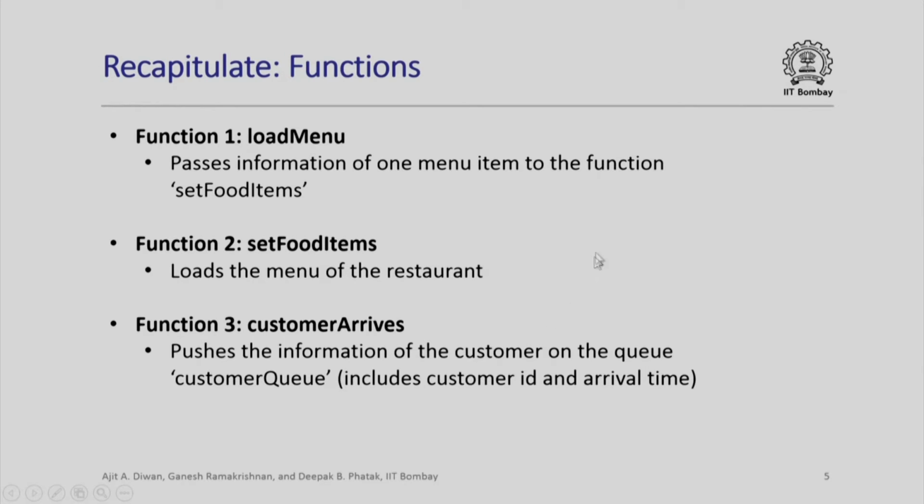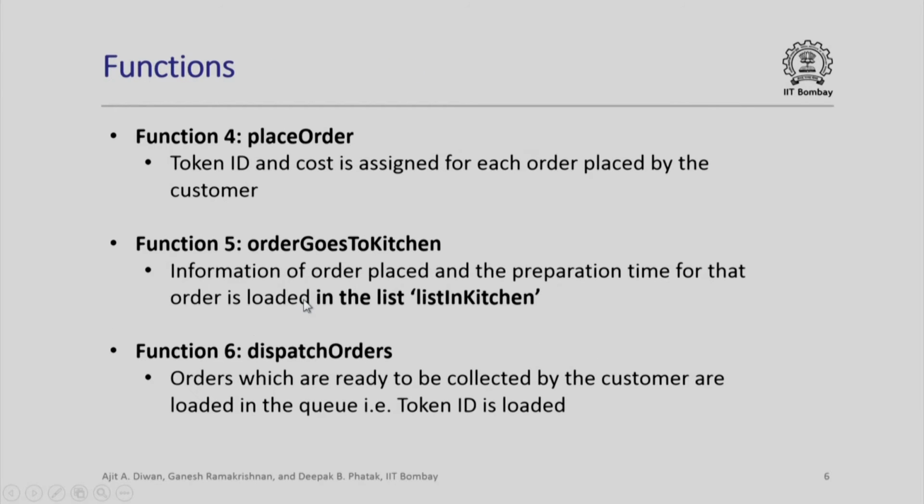The functions that we had written were load menu, which will load all the items which are available on the menu, which sets food items and loads the complete menu. In the load menu, we will be setting up individual food items. Next, the customer arrives function actually adds a customer to the customer queue.